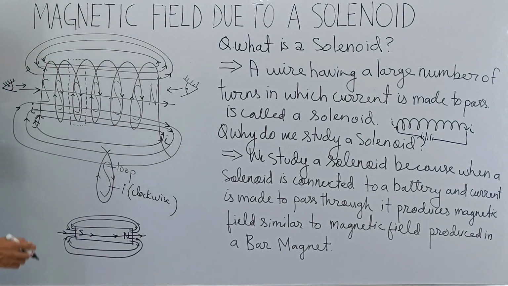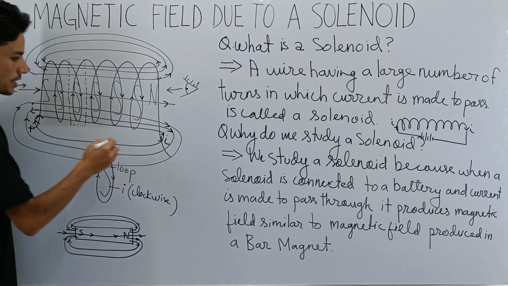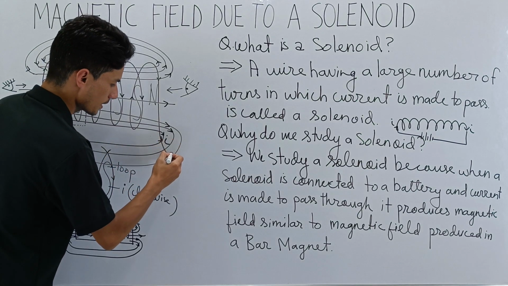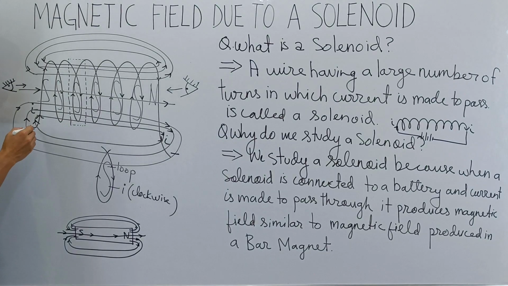So one hack for you in the exam, remember students, the loop from where current enters. This is the positive terminal, and this is the negative terminal. These terminals we are getting from the battery.